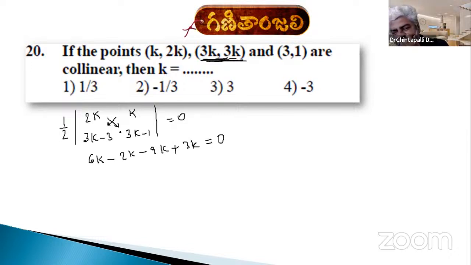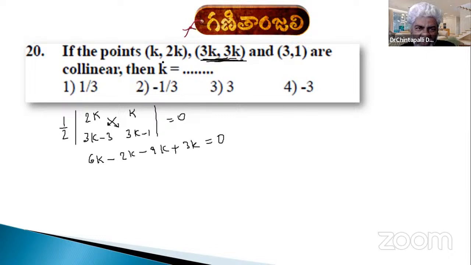One by 2 also becomes 0, right? The 2 divides, it will multiply there. 6K minus 9K plus 3K; minus 3K plus 3K cancels out. So it's minus 2K. No, sorry. Collinear means area 0.